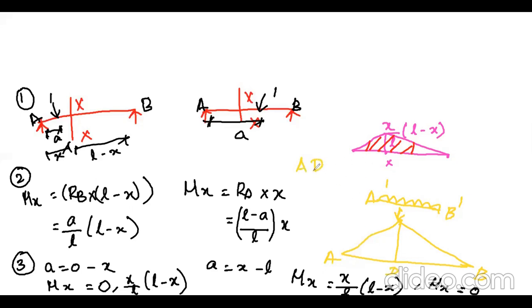This AD divided by DB ratio should be equal to A dash D divided by B dash D. For example, if this is 4 meter and this is 8 meter, what will be the ratio? 4 by 8 is 1 by 2. And for example, I am taking this UDL span as 6 meter. Now I want to obtain the ratio as 1 by 2, so how should this be placed?